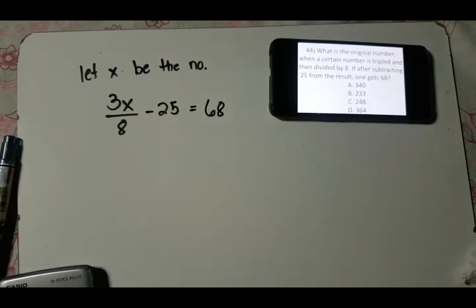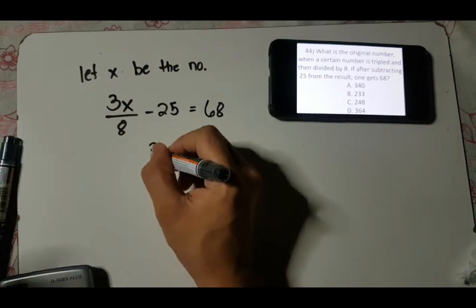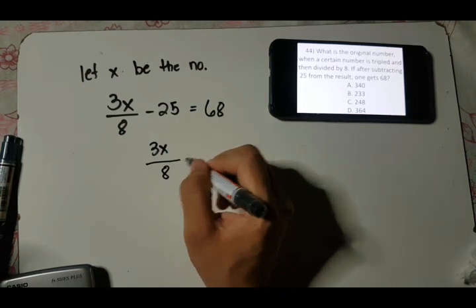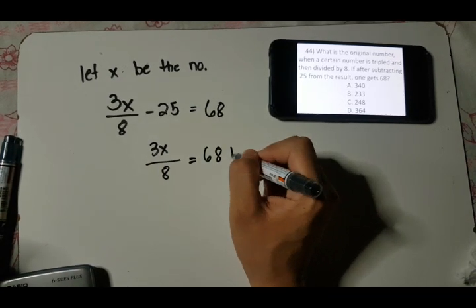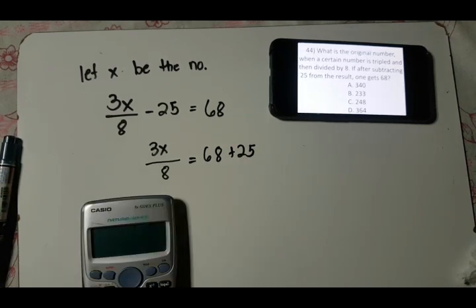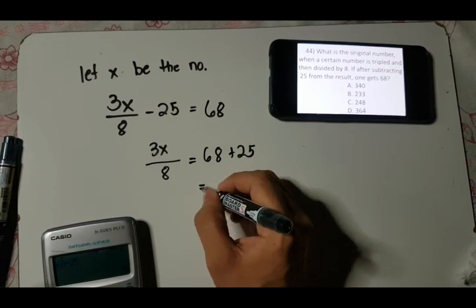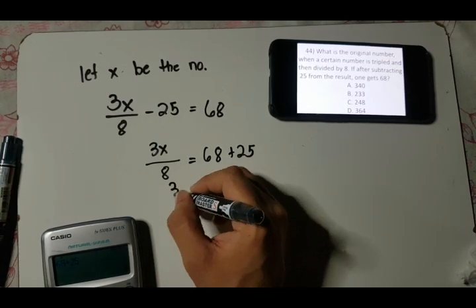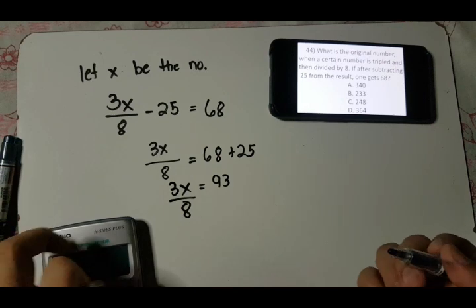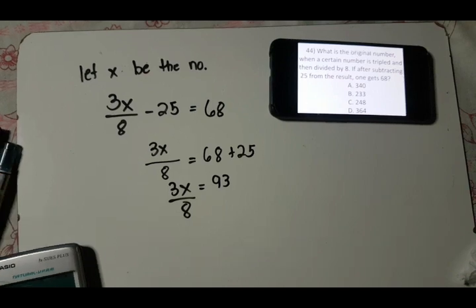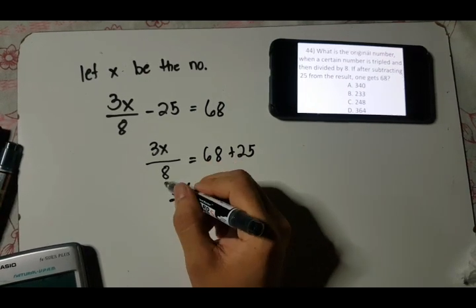Ayan. So, solve natin yung value ni x. So, add both sides si 25. 68 plus 25. So, that is 93 over 8. Then next, anong pwede natin gawin? So, next, multiply natin both sides 8.